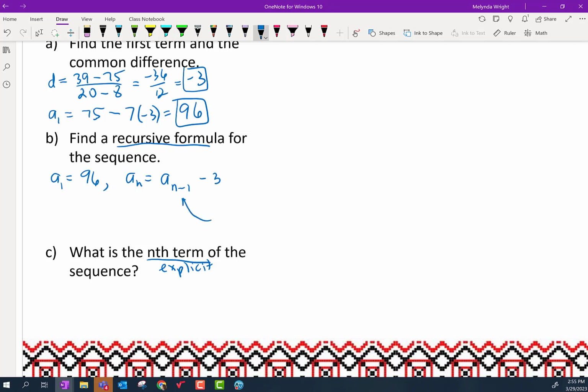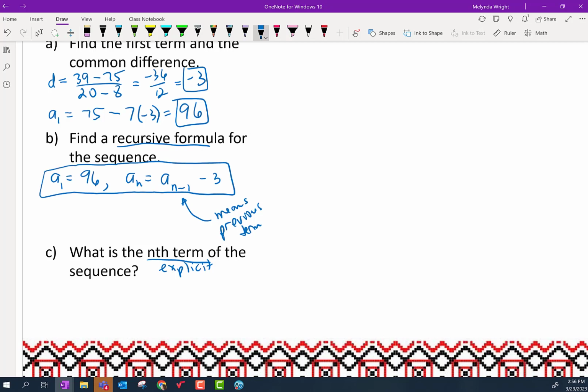The a sub n minus 1 means previous term. So I take my previous term, 96, and subtract 3 from it, and that gives me 93, and then I could keep going. So this would be the recursive formula for this sequence.